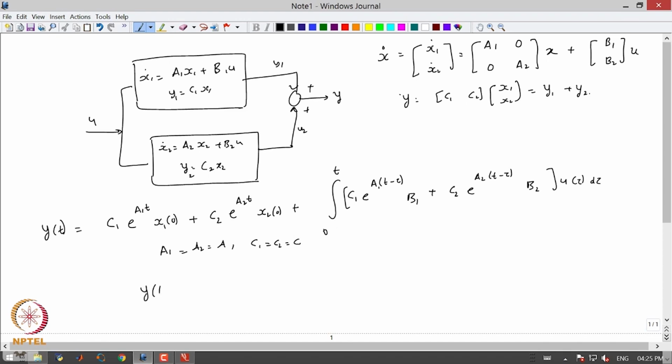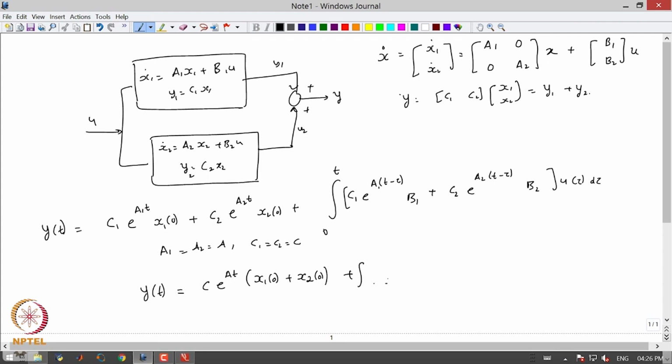So y of t now takes the form of C e^(At) times x1 naught plus x2 naught plus all the terms in the integral.